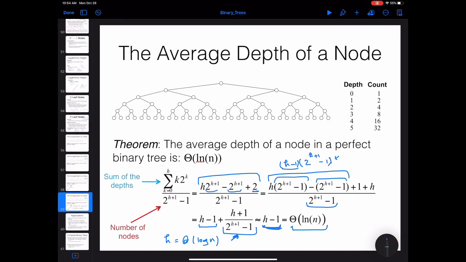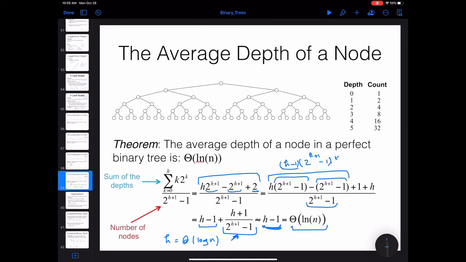All of these theorems, I have discussed them here because we want to use them when we discuss binary search trees, AVL trees, and heaps. So these are the theorems that I'm going to refer to later.